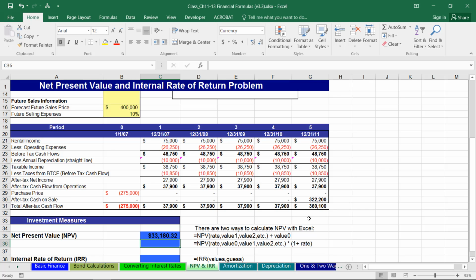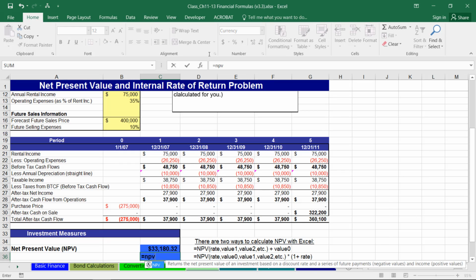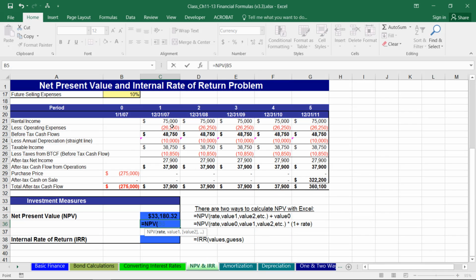Now try the next net present value method. Okay, let's do it together. So equals net present value, and it wants the interest rate, or investor's cost of capital, and comma. You might be able to see it better up here. It wants all of the cash flows from period 0 through period 5.